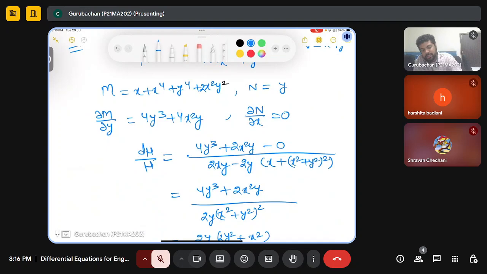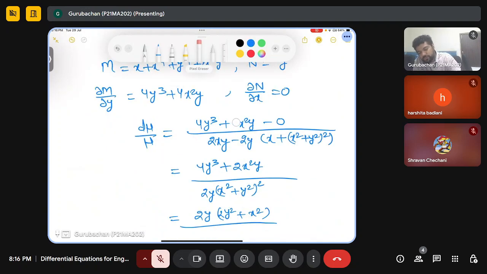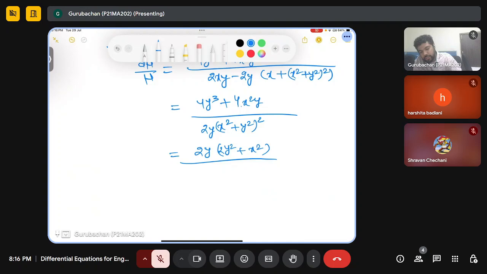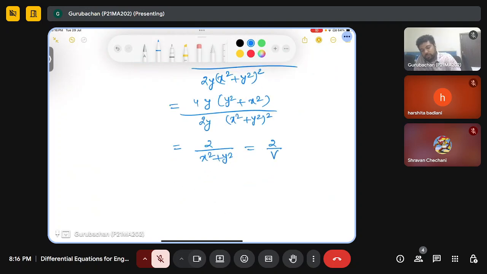Now I think it is clear. 4, and from here it will be 4, 2y times x square plus y square whole square. So this will give you 2 times x square plus y square, and as I have told you, this is nothing but v.